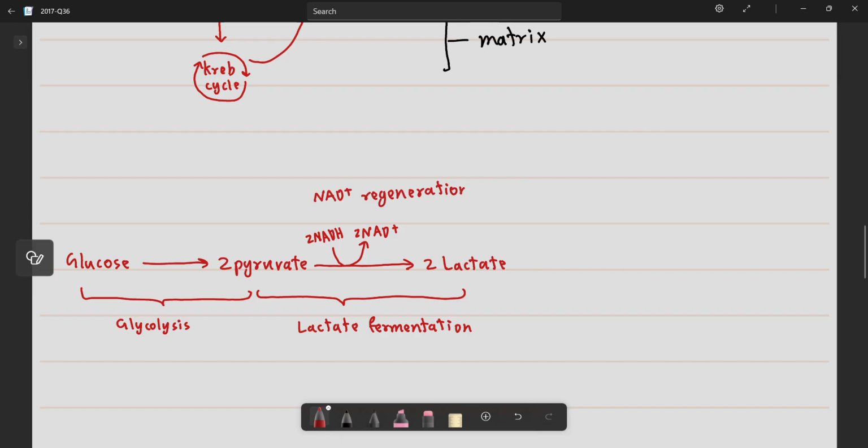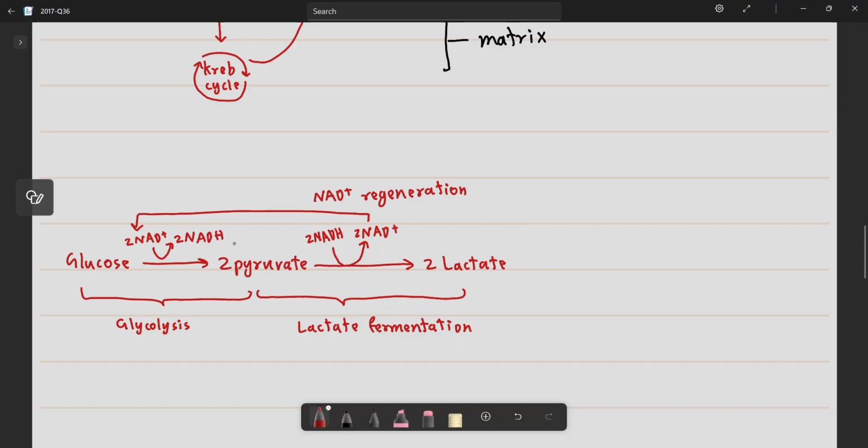Okay, so NAD plus regenerates in this step, which would be used in glycolysis again. So these NAD plus are again used in glycolysis where they are again converted into 2 NADH. And this process keeps on happening as long as there's no oxygen available.